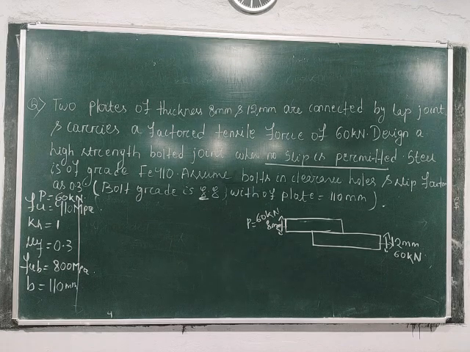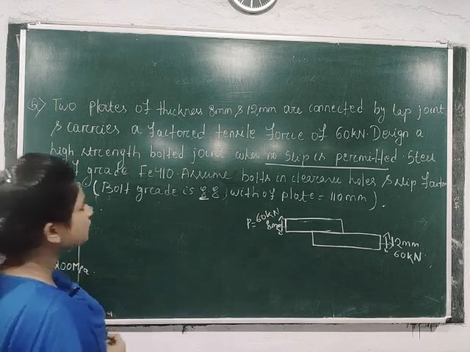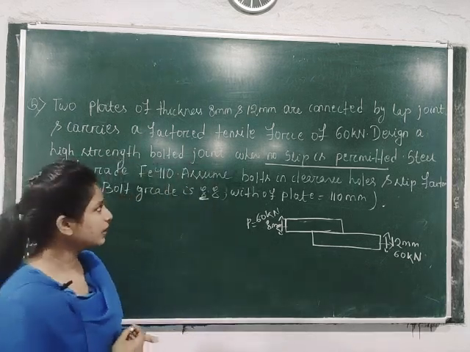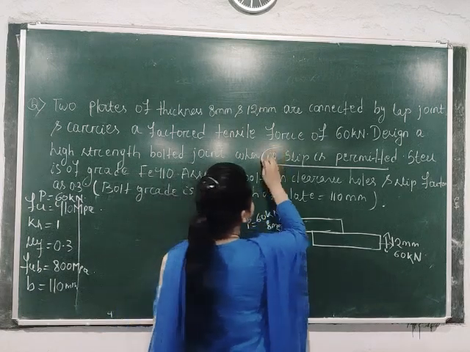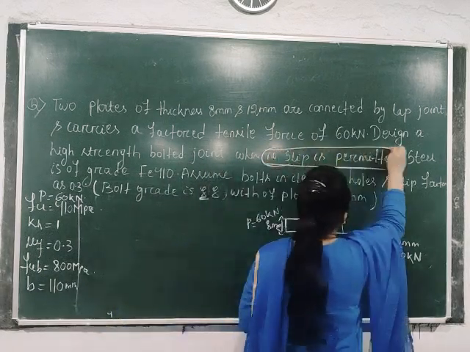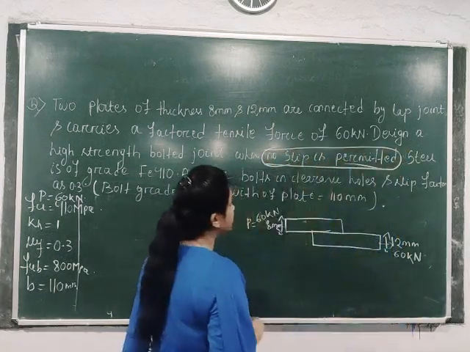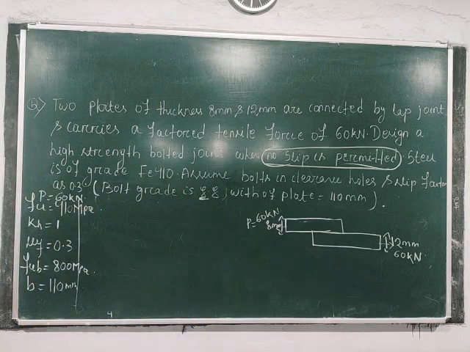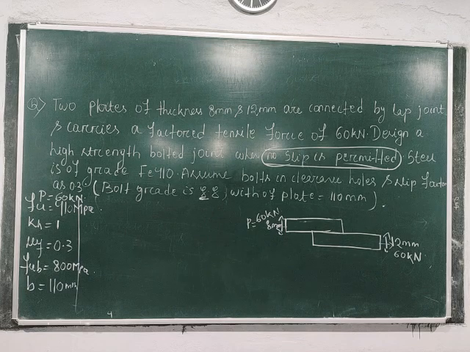So finally we have to design the high strength friction grip bolted joint. As in the question it is clearly mentioned that we have to design for this condition, that is no slip is permitted. That means it is the case of the high strength friction grip bolted joint.